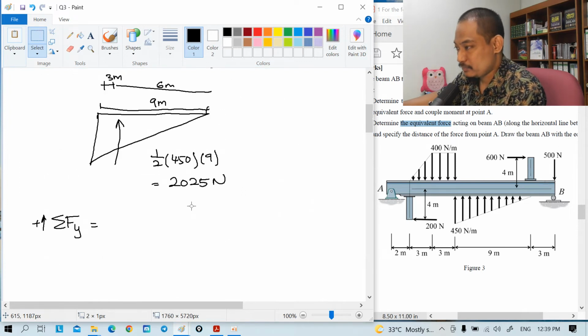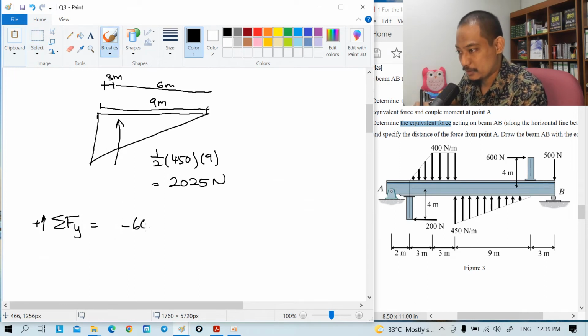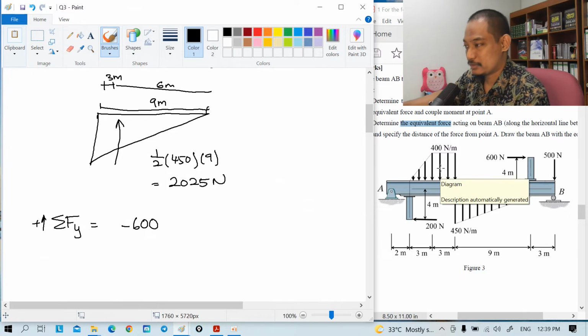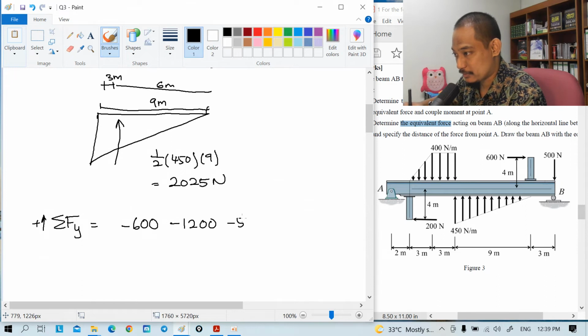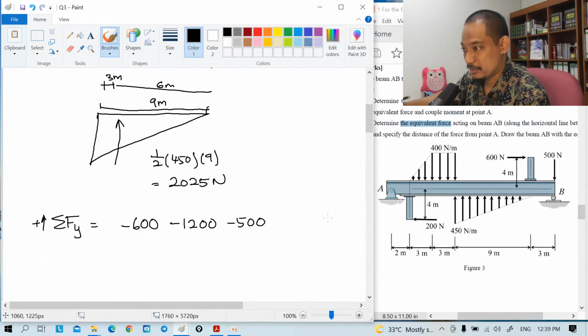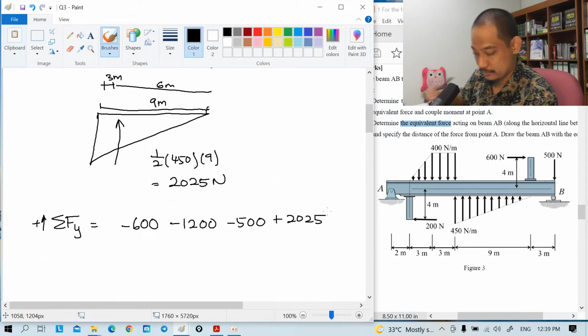Now, summation of Fy, I take upwards as positive, so this one downward 600, so minus 600, and then this rectangular beside it is 1200, so minus 1200, and then this one is minus 500 at the end there, and then plus 2025.